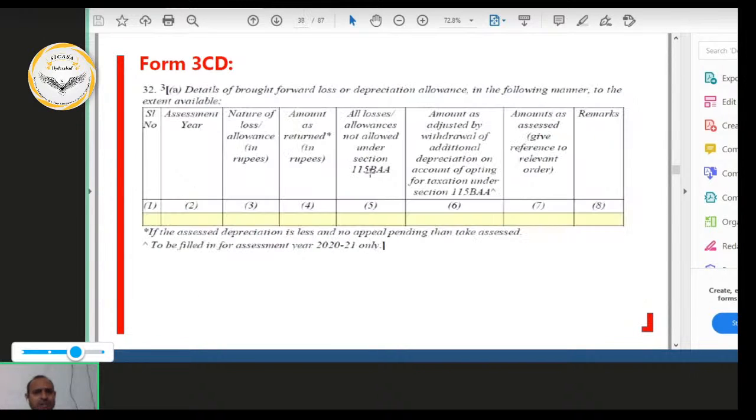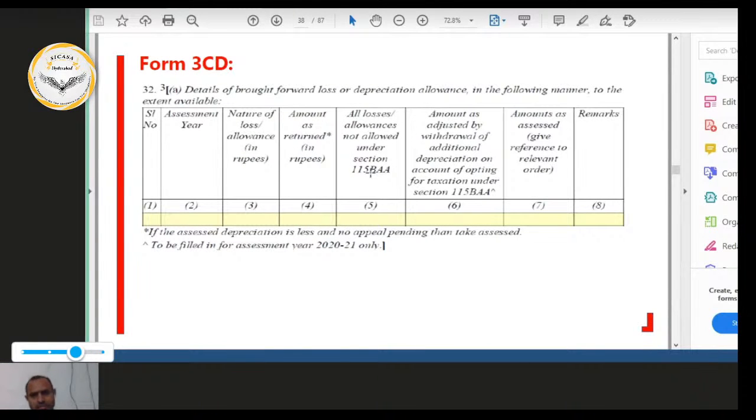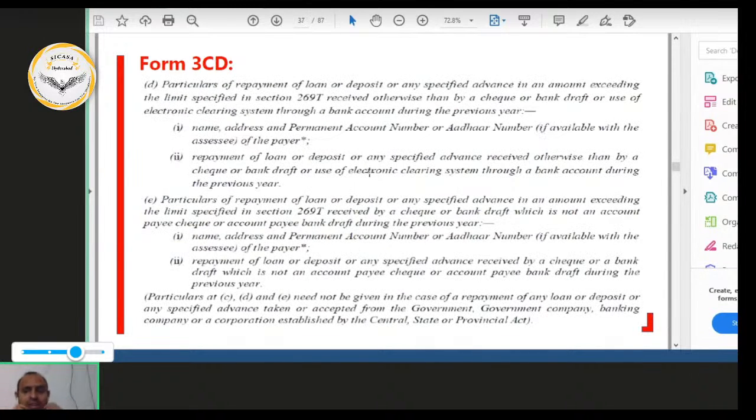I will explain in broad terms. Based on the report given in the audit, it results in a huge penalty, because under 269SS, 269T, 269ST there is no disallowance concept, but it leads to a 100% penalty.